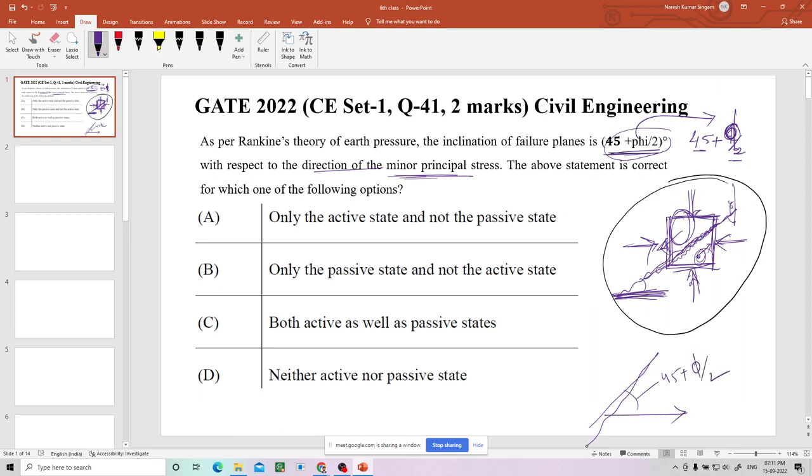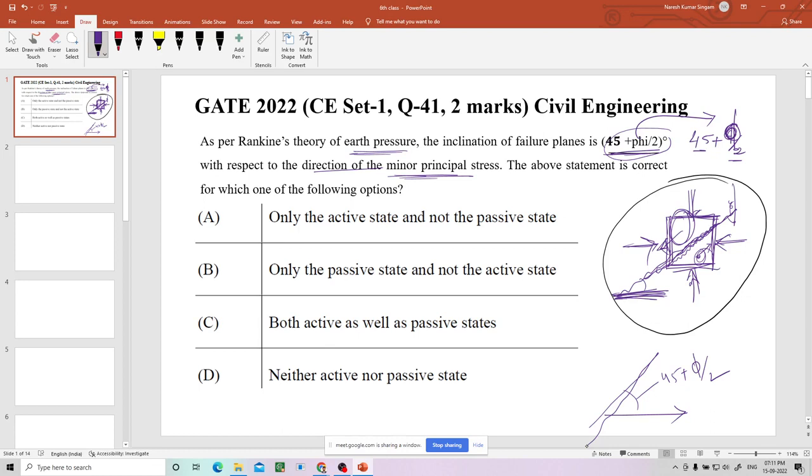The above statement is correct for which one of the following options? Only the active state and not the passive state. See, it is all about earth pressure. In earth pressure we have already discussed one day what is the active state, what is the passive state, what is active earth pressure, passive earth pressure. Anyway, I'll go through them again briefly now.